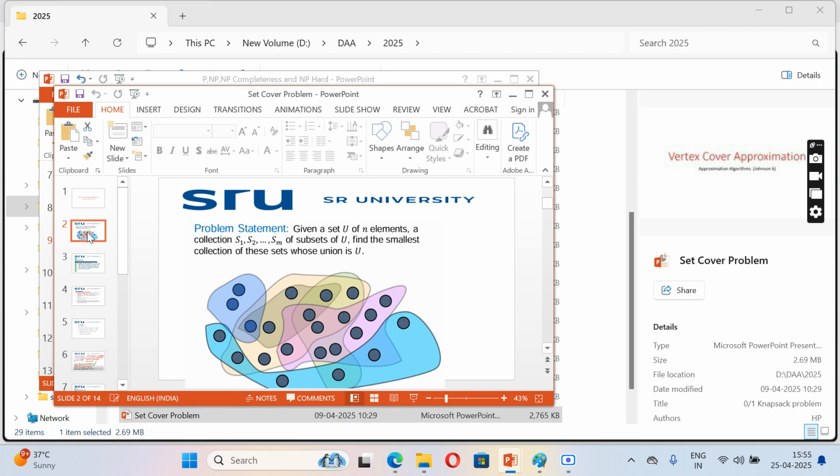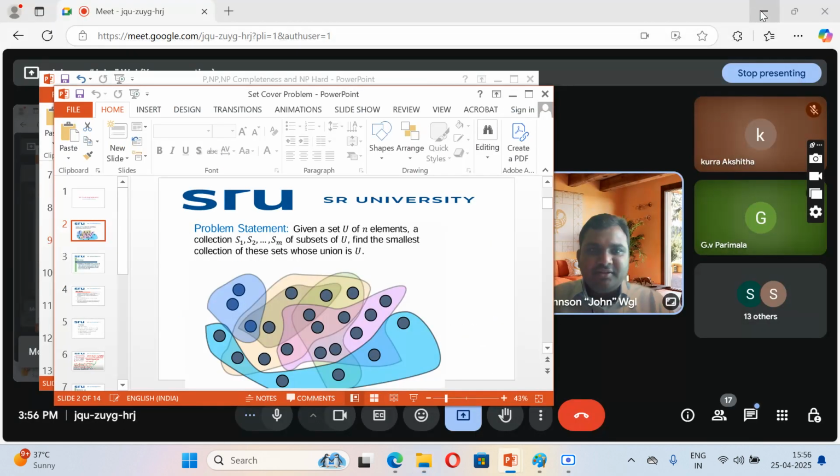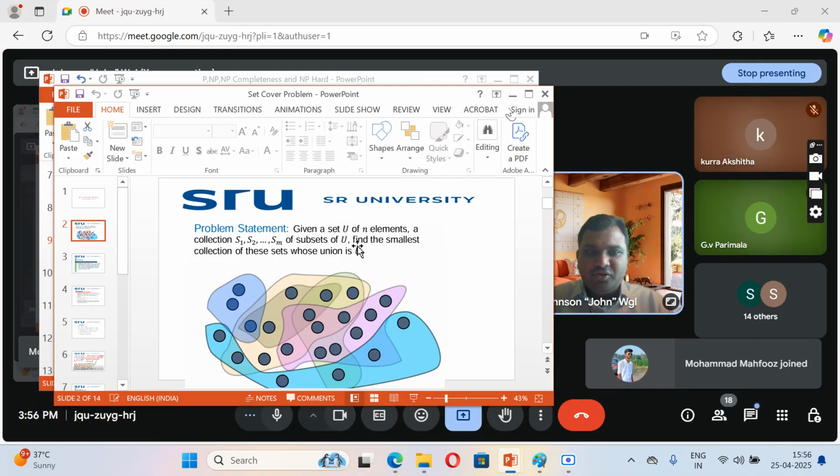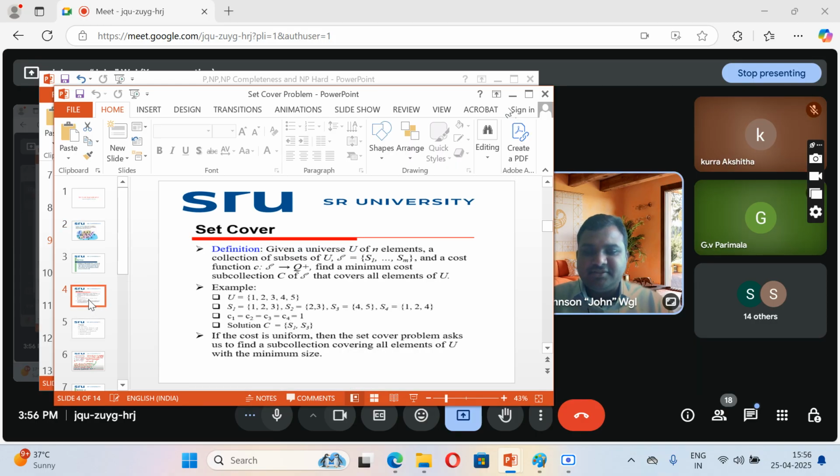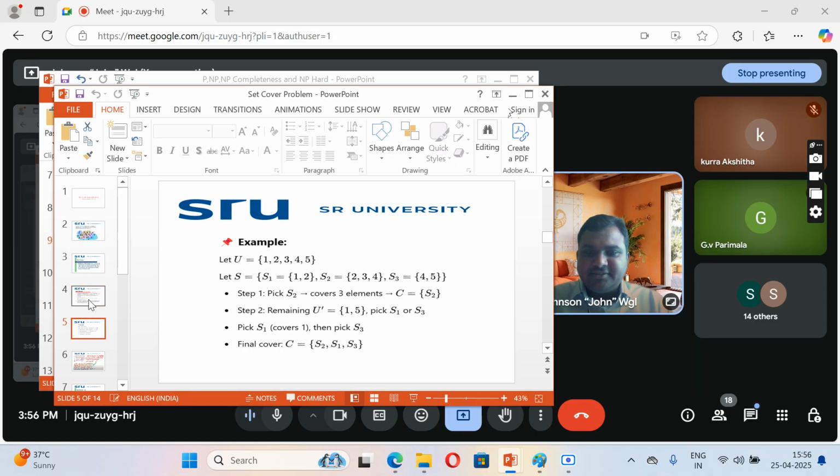In that set cover problem, there is a combination of sets. If you are combining the sets, then you will get the answer. Example, the universal set is 1 2 3 4 5. Means I need to cover all these things only, then I can tell you have the disease or not.